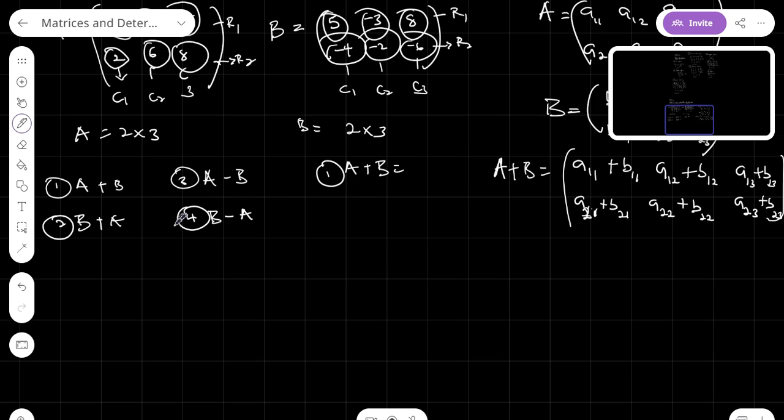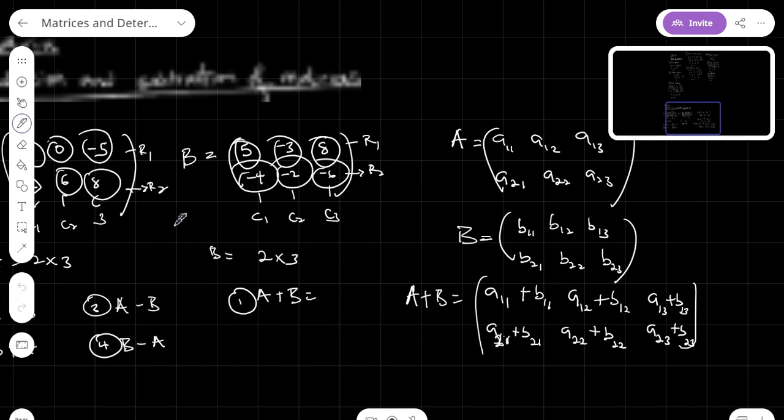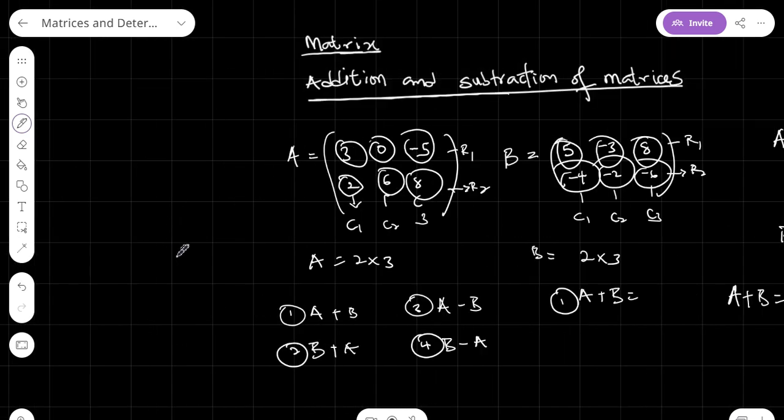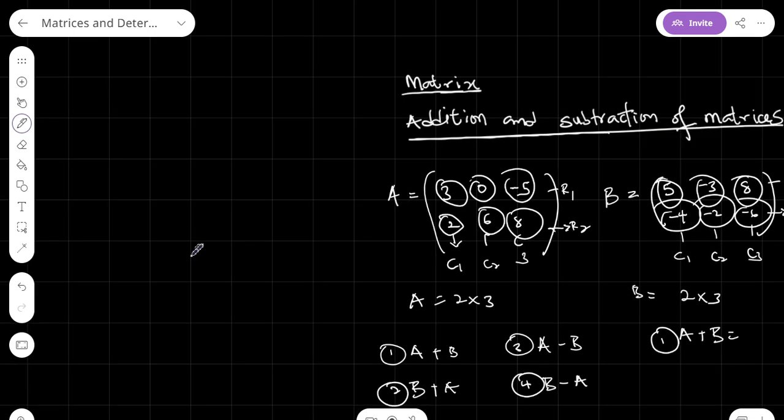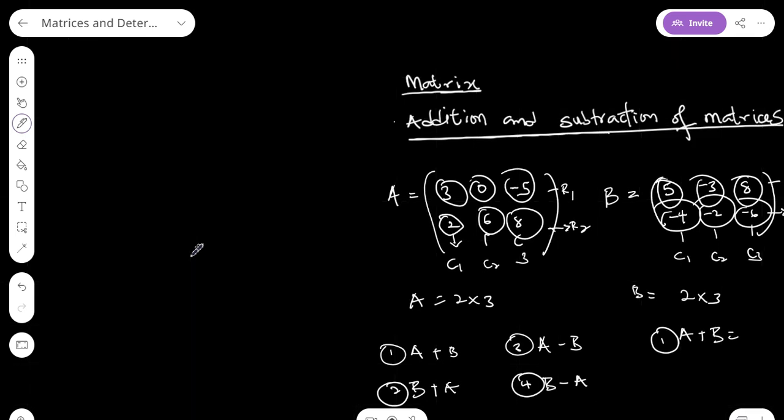So this gives us, we say A plus B will then equal, we have 3 plus 5, we have 0 plus minus 3, and then we have minus 5 plus 8.